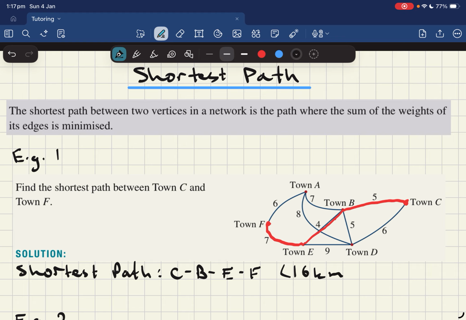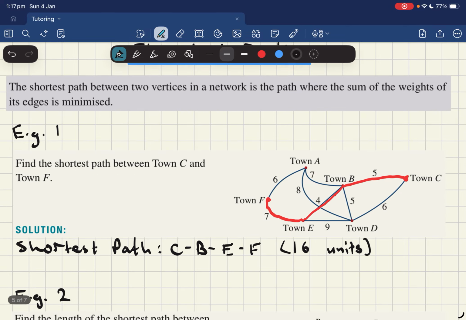Now, the question doesn't even tell us units, so let's just say 16 units. The question didn't actually ask for the length, but I just thought I'd write it in so you can see that we're essentially just adding them like we've done before.